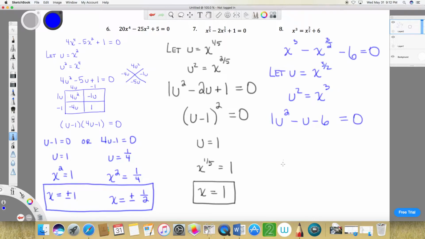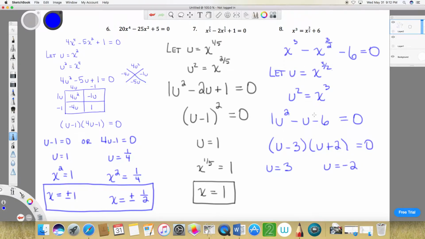Since this leading coefficient is 1, this is very easy to factor. It splits into 2 equations where 3 minus 3 would give you 0, and negative 2 plus 2 would give you 0.